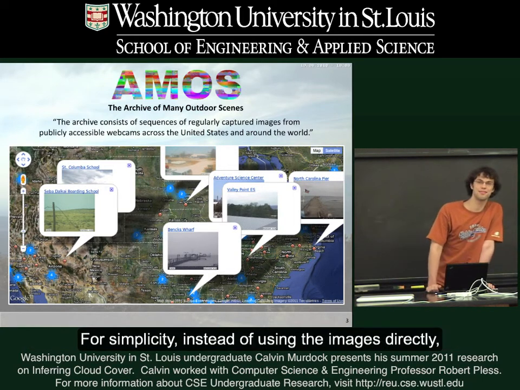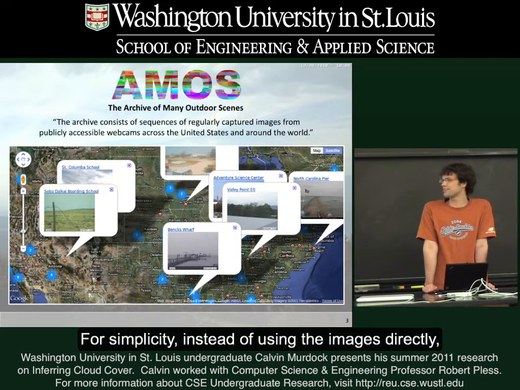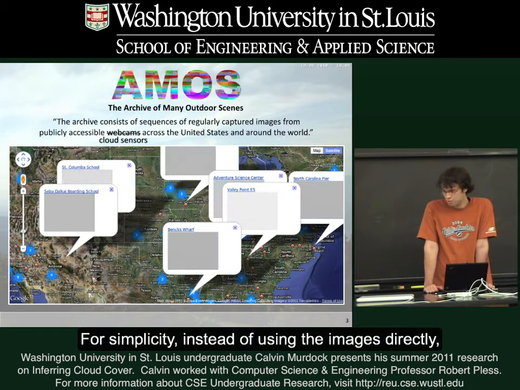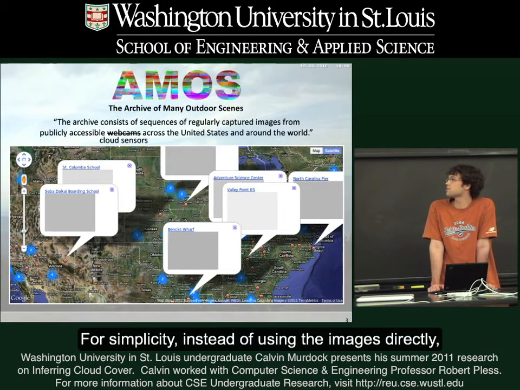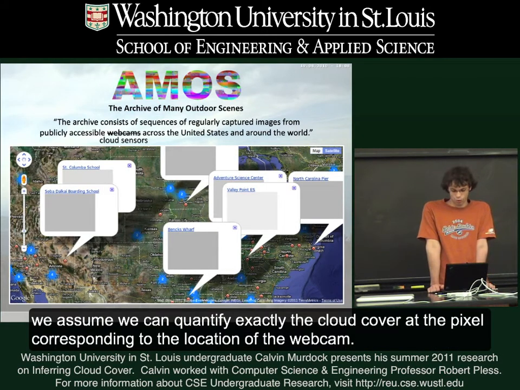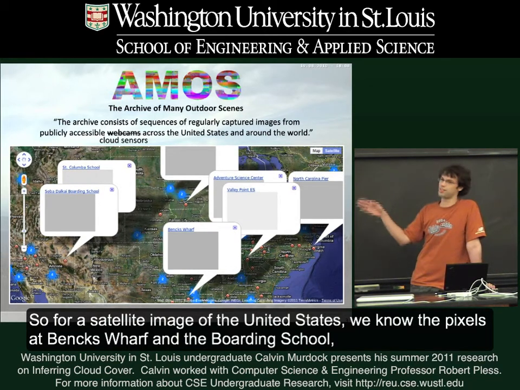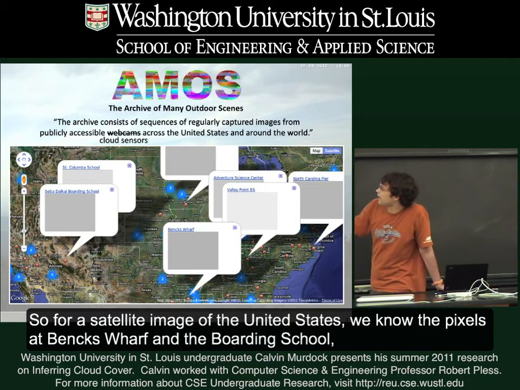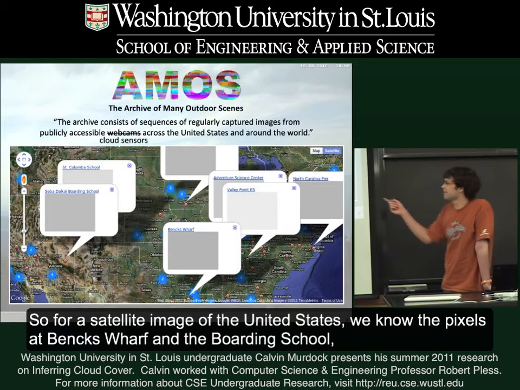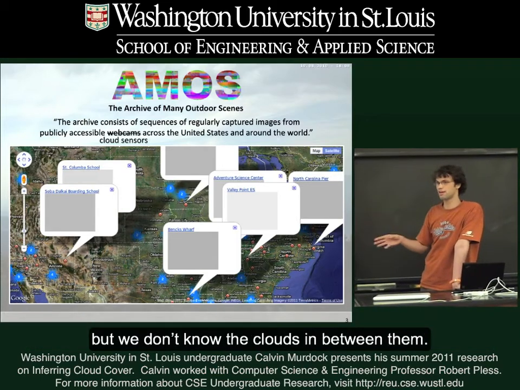For the purposes of simplicity and my work this summer with limited time, we assume that instead of using the images directly, we can quantify exactly the cloud cover at the pixel corresponding to the location of the webcam. For example, in a satellite image of the United States, we know the pixels at Banks Wharf and the boarding school are to the left, but we don't know the clouds in between there.